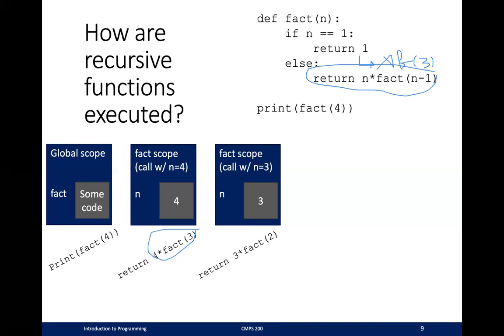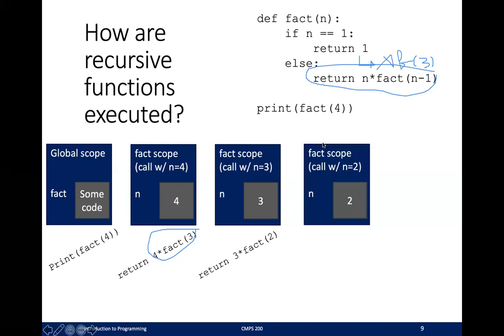What does factorial of 2 do? Opens another fact scope with n equal to 2. That's not equal to 1, so it's going to get into the else, and it's going to return 2 times factorial of 1.